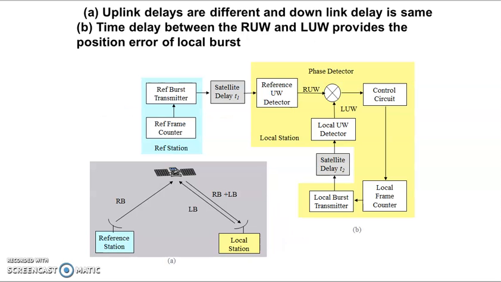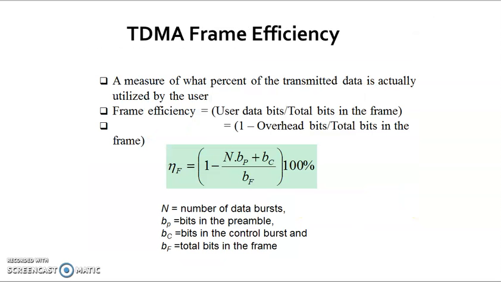Here we can consider the uplink delays and how much the errors will be. Because of the delay, there will be a position error. Similarly, we can calculate the frame efficiency, which is how much data is transmitted and how many users utilize it.